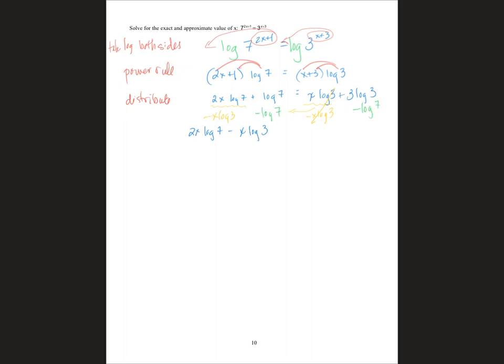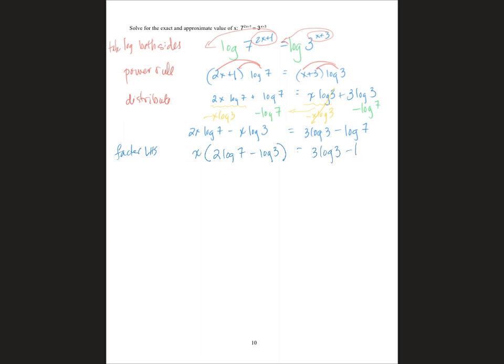So my right-hand side would now be 3 log of 3 minus log of 7. Now, each of the terms on the left-hand side have an x. So perhaps you want to factor out an x. So I'm going to factor the left-hand side. I'm going to factor out an x, which would leave me 2 times log of 7 minus log of 3. And that's going to equal my right-hand side.